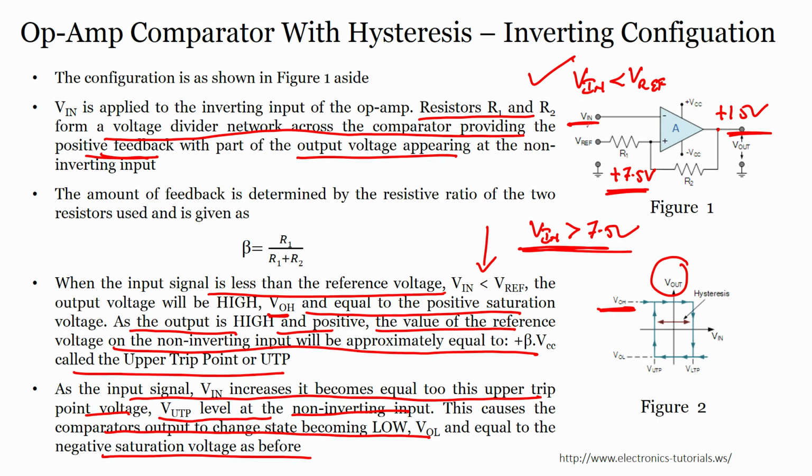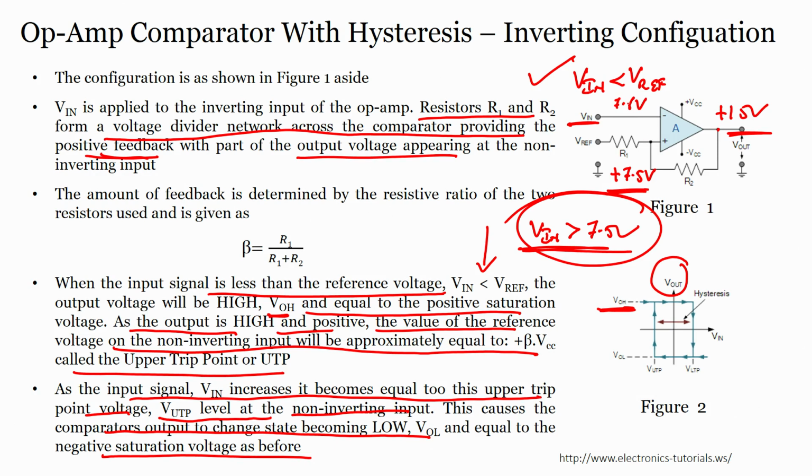Now, I keep on increasing Vin such that it gets greater than 7.5 volts. When it gets greater than 7.5 volts, let us say 7.6 volts, 7.6 is greater than 7.5.